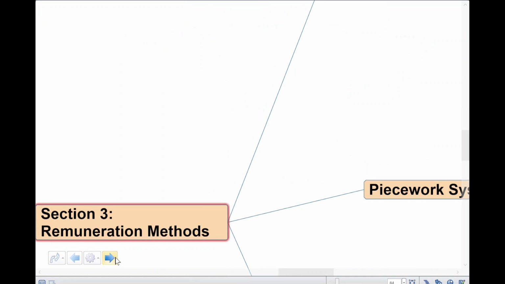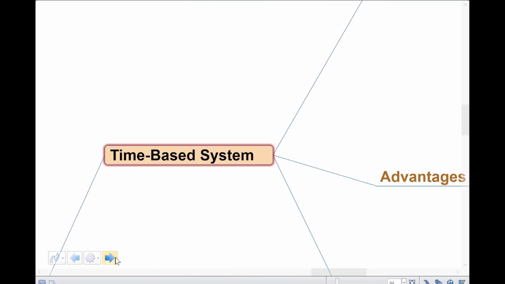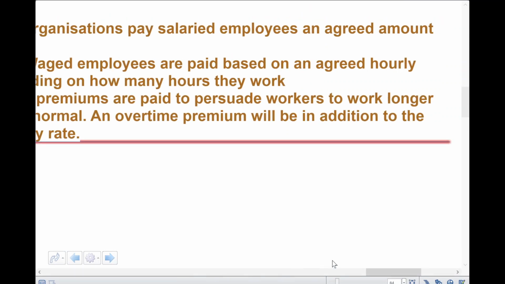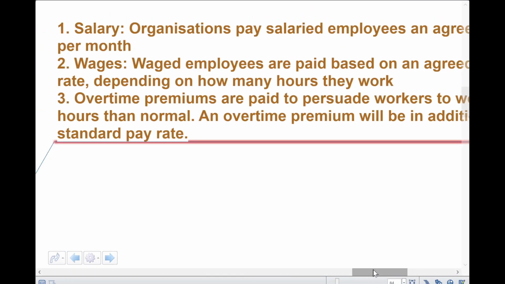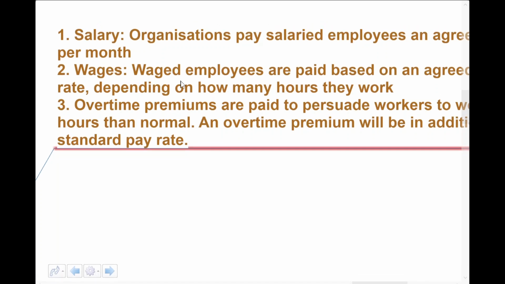So moving from there, when we think about remuneration for labor, obviously a variety of different choices, and certainly over the last 20 to 30 years, remuneration packages have changed. If we look at time-based systems, then clearly, things like salary and indeed wages are areas that we're familiar with.